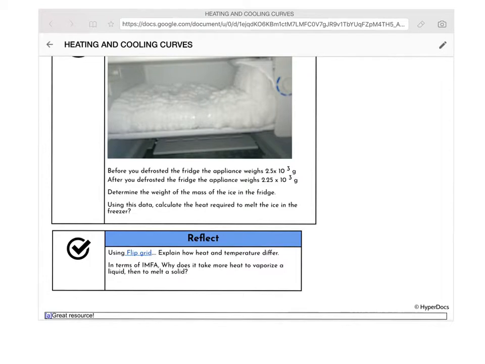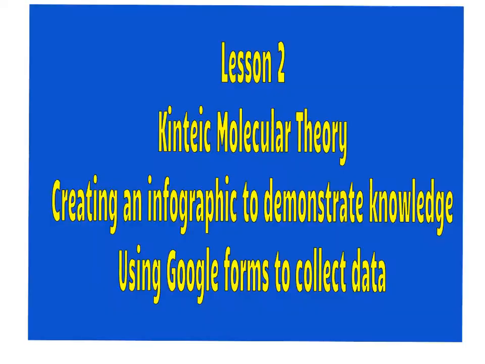In class we discussed how heat is dependent on the mass of the object and temperature is just a direct measurement of the kinetic energy in the molecules. So this hyperdoc is really about self-exploration and getting the kids to explore on their own without me standing at the front of the room.